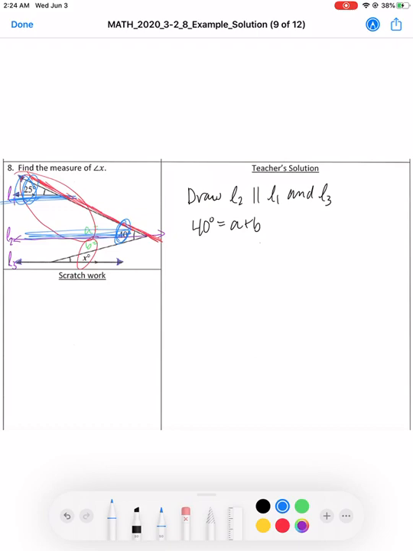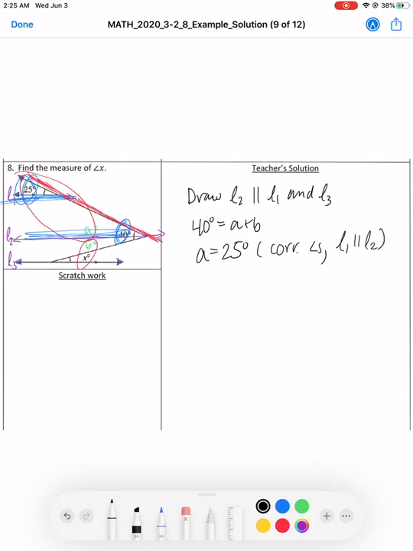So that means that they must be corresponding angles. So A is going to be equal to 25 because corresponding angles are equal. Okay, corresponding angles, and we put which lines are parallel. Line 1 parallel to line 2.